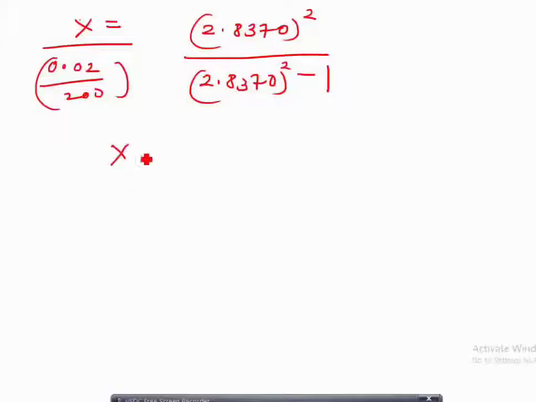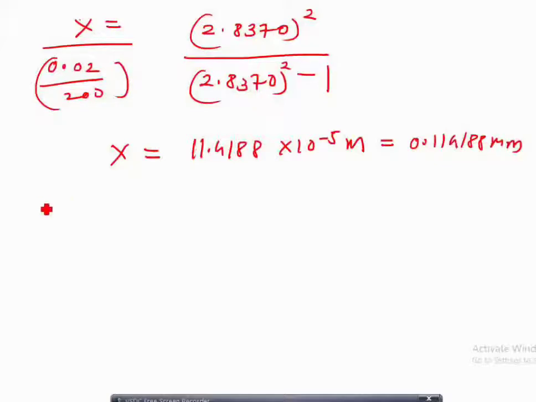So from this I am getting x, that is the steady state amplitude of the washing machine. The steady state amplitude x is equal to 11.4188 into 10 raised to minus 5 meter, which is equal to 0.11418 mm.